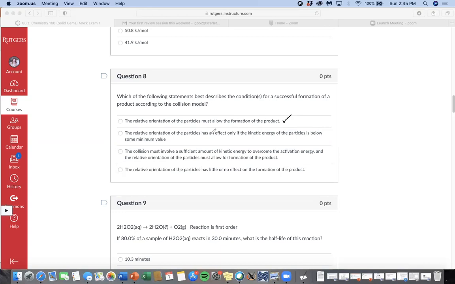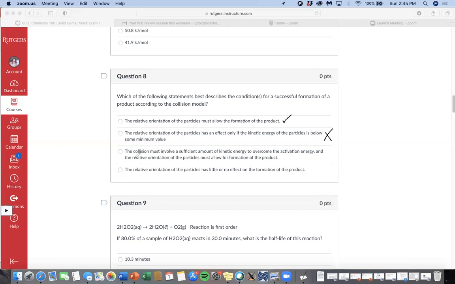The particles have to align in a way so that when they collide, they're able to form the product that you want, and not just collide in a way that either forms something different or doesn't form anything. So this one is not the statement that we want, because the relative orientation of the particles is important according to the collision model.